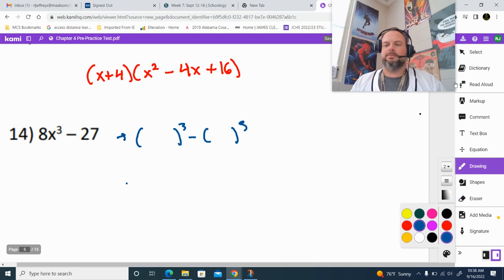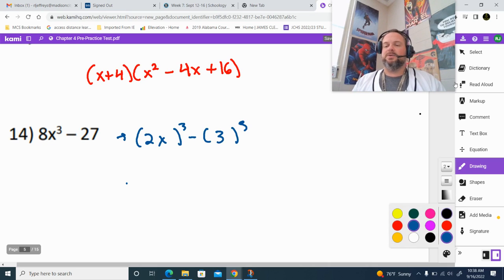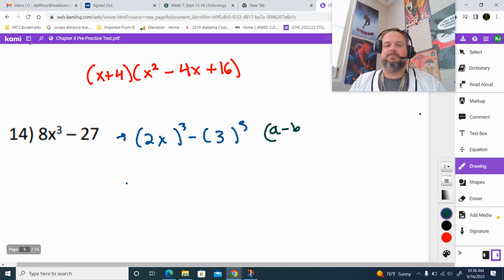Remember, all right, so the cube root of 8 is actually 2. The cube root of 27 is actually 3. So in this form, it would be a minus b times a squared plus ab plus b squared.